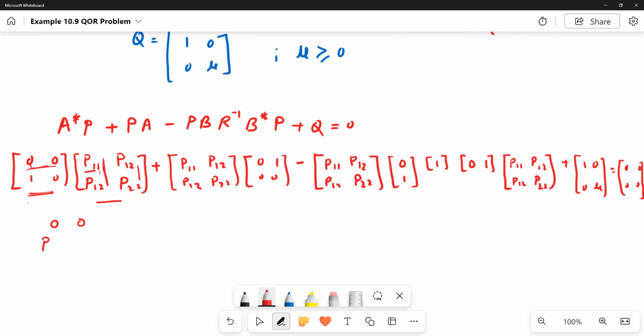So this will be P11, and this one multiplying with this one, first one is available, so P12. So it's simplified, first component. Then the second component will be starting with multiplying these two. Okay, so multiply this one and this one. So ultimately, what you're going to get is this one is getting multiplied with this one. So 0 is coming.